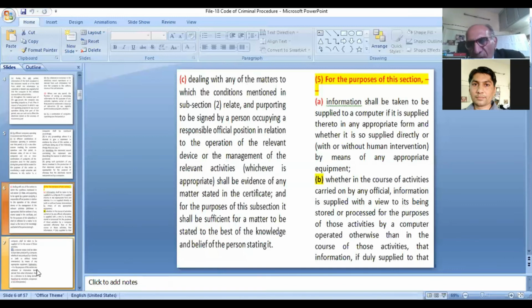B, whether in the course of activities carried on by any official, information is supplied with a view to it being stored or processed for the purpose of those activities by a computer operated otherwise than in the course of those activities, that information, if duly supplied, shall be taken as supplied to the computer.